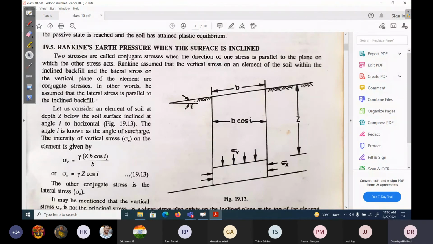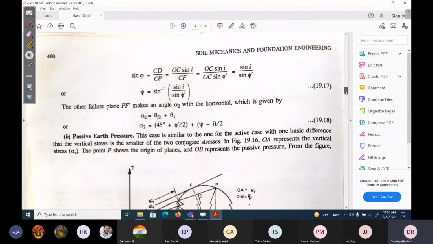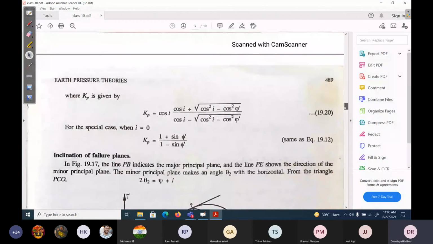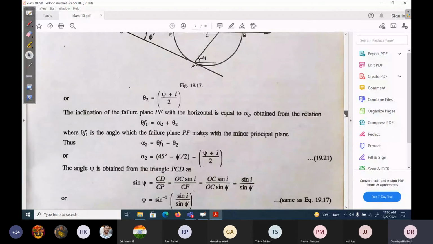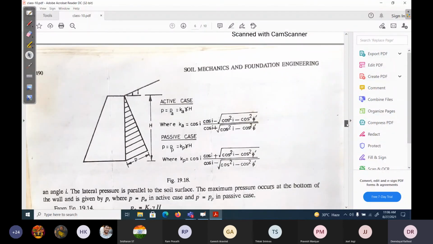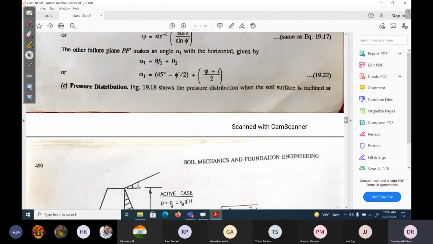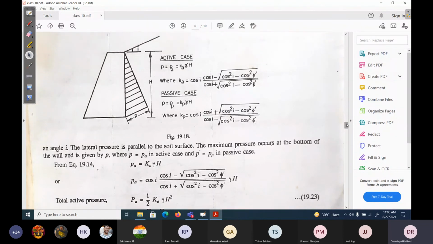It's not level. It is possible, right? In the field, you may not get a totally level surface. In that case also, Rankine has given the earth pressure. These things, for the active case and passive case, if it is inclined, the pressure distribution also he has given.